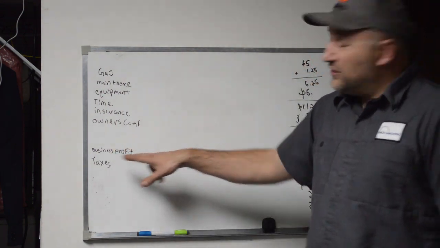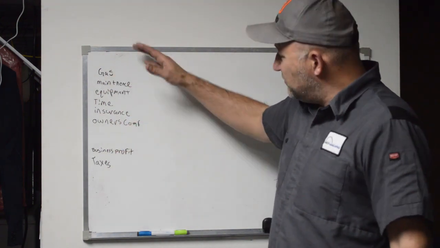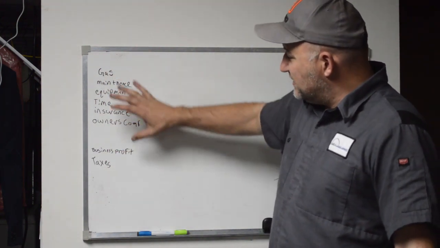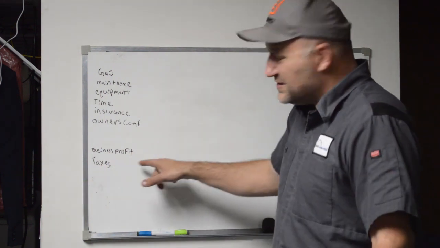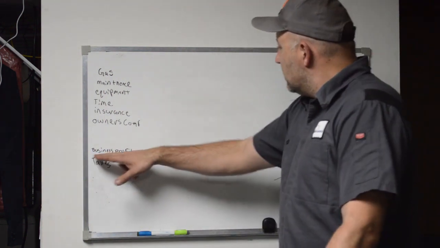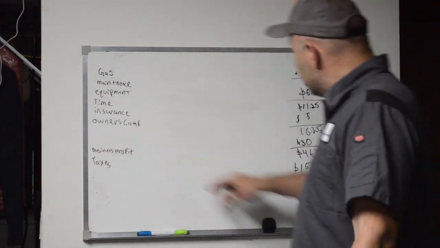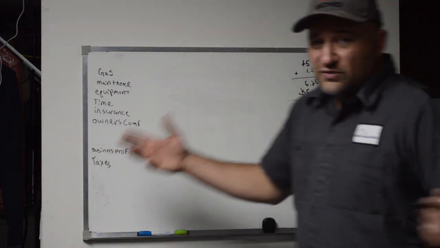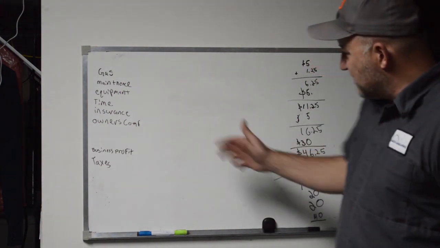Business profits get really hairy because you can end up spending those to cover other things if you need to. But ultimately, at the end of the day, you want to say that your business made this much, and if you're a solo operator, your business profits go to you. So you're probably going to want to do somewhere, again, between 10 to 15%. And if we do 10%, that puts it right around $20, like the owner's comp.